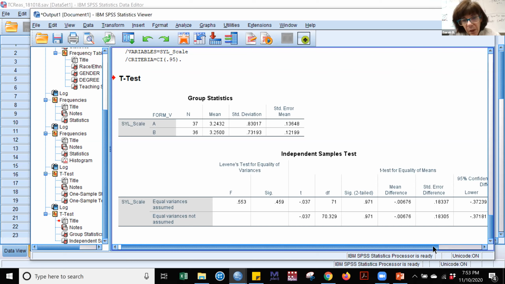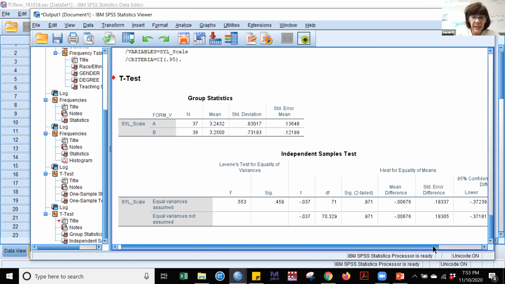This value is above 0.05, so you retain the null hypothesis. This is a good thing for this particular test, the test of equality of variances. You want to retain this null. You do not want this value to be below 0.05. So we're happy now. We can proceed to read the rest of the variables.